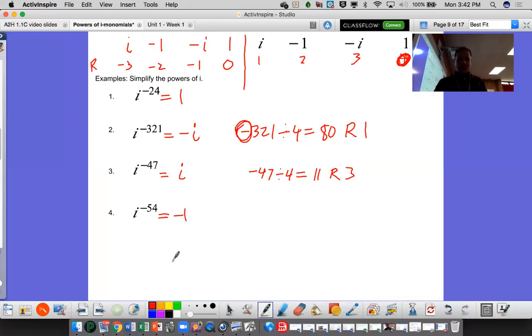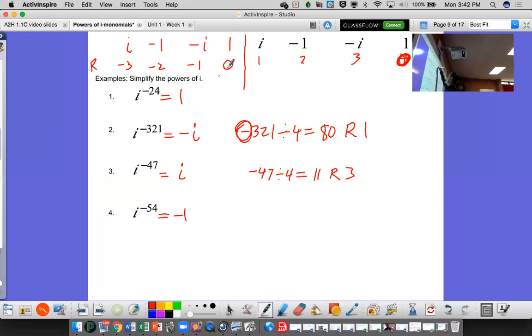So, if you can remember I, -1, -I, 1, I, -1, -I, 1, and then put your remainders across there, starting where the 1 is, kind of in the middle, right? 1 is 0. Anything to the 0 power is 1 anyhow, right? So that one has to be right here.